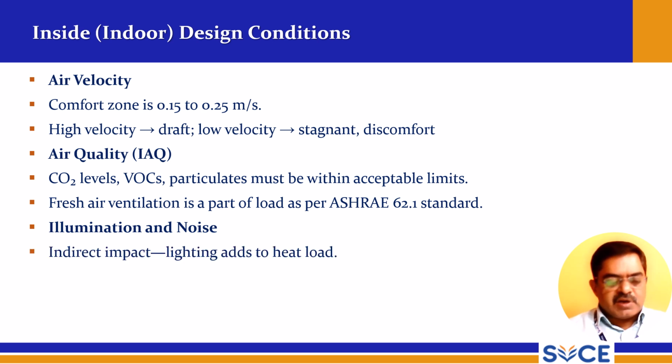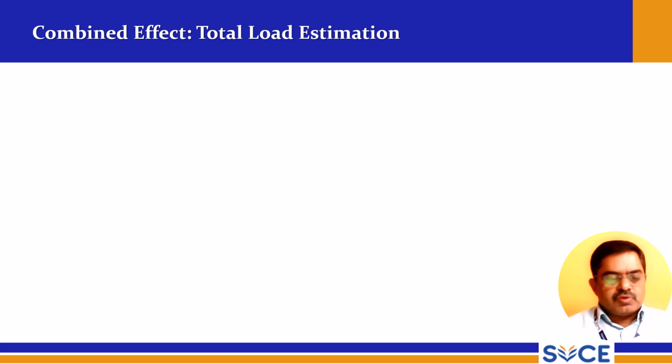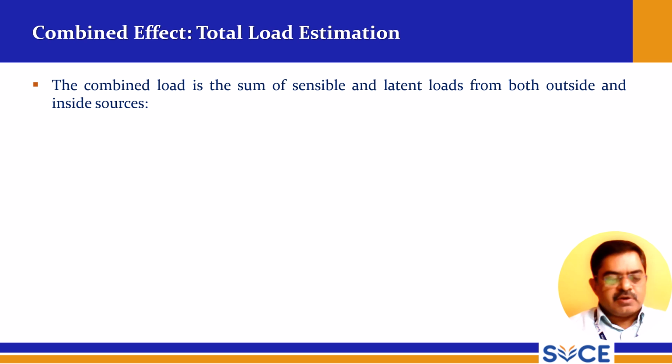Illumination and noise have an indirect impact. Lighting adds to heat load. Now the combined effect, total load estimation. Both indoor and outdoor, the combined load is the sum of sensible and latent loads from both outside and inside sources.